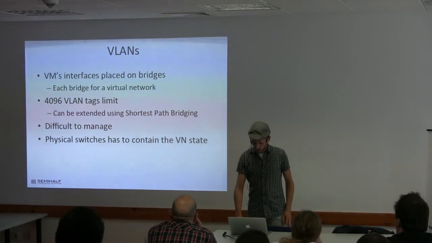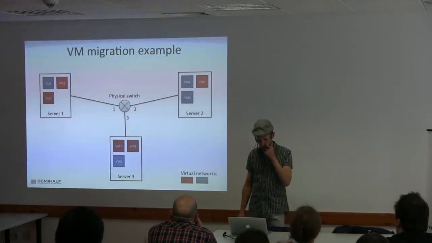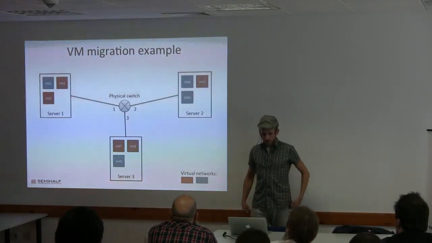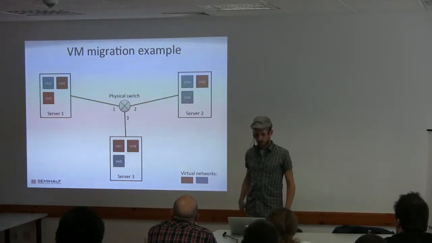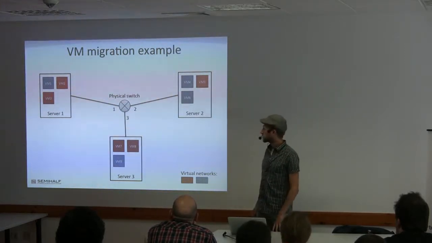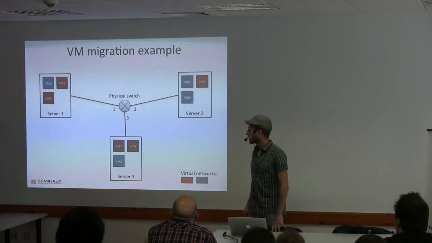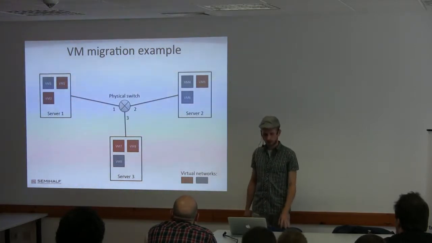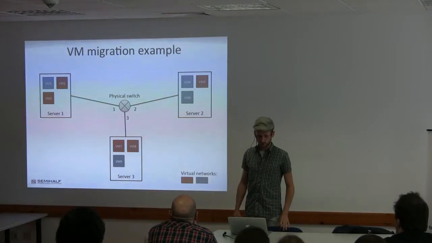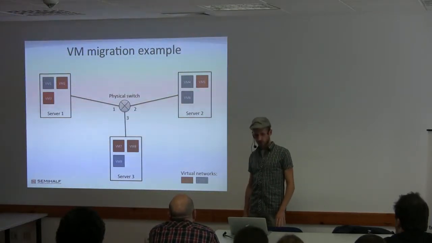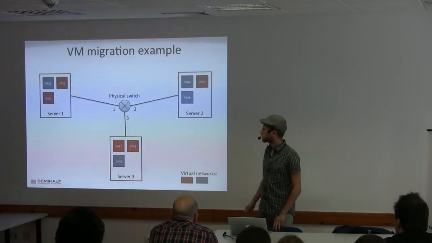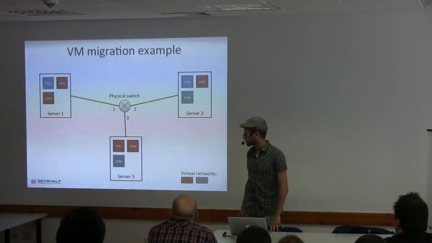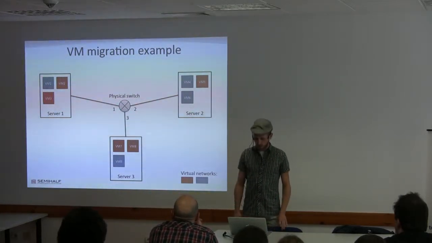Why is that? Let's take a simple example. We have three servers here, server 1, 2, and 3, and have VMs on each. I distinguished different virtual networks by color, so we have a red and a blue virtual network. Let's assume you want to send a packet from VM1, in the top left corner, to VM9, on the blue network, which is at the bottom.